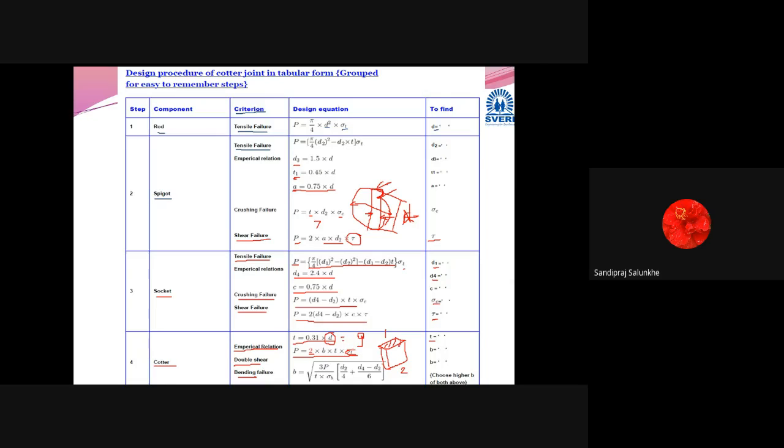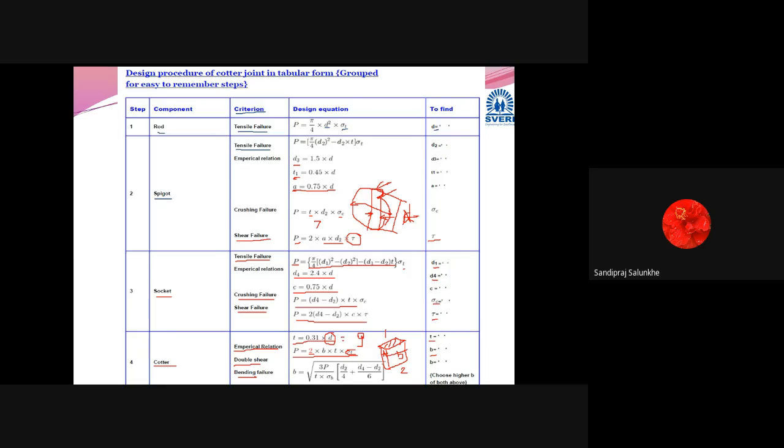So 2 multiplied by this area, that is its width multiplied by thickness, so B into T, and as the double area is there, this one and this one, 2 multiplied by shear stress. In this case, we are going to calculate the width of that quarter pin.